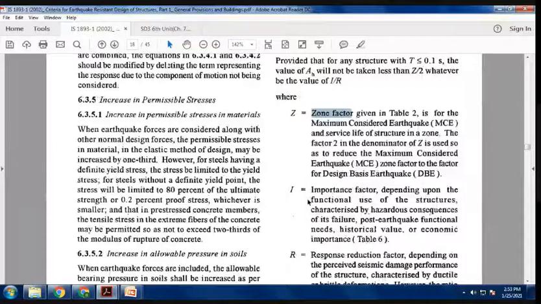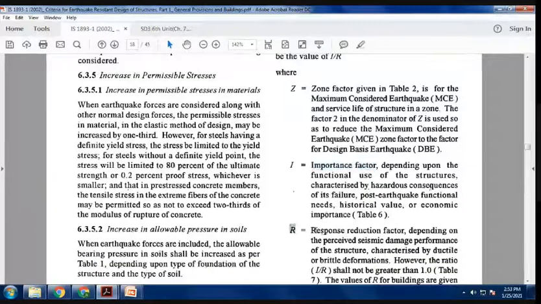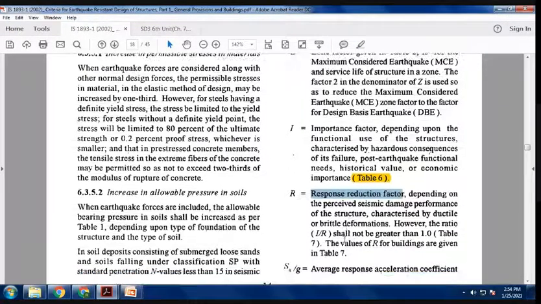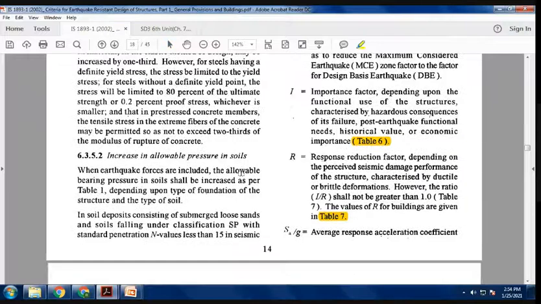I is the importance factor. We will see what the importance factors are for different types of buildings. R is the response reduction factor. We have separate tables: for the importance factor we should refer to table number 6, and to determine the value of R we have to refer to table number 7.